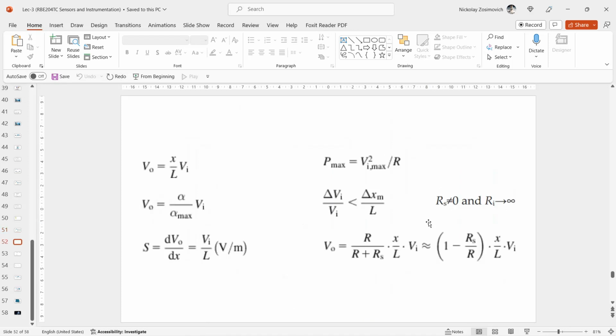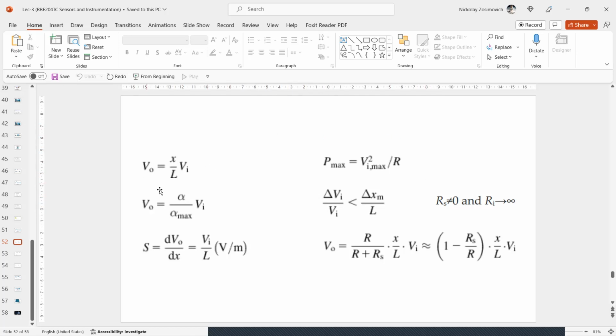Just assume we have RF equals 0. In this case, RI becomes infinity. Under this condition, the output voltage of the sensor satisfies the equation for the linear potentiometer or the equation for the angular potentiometer.